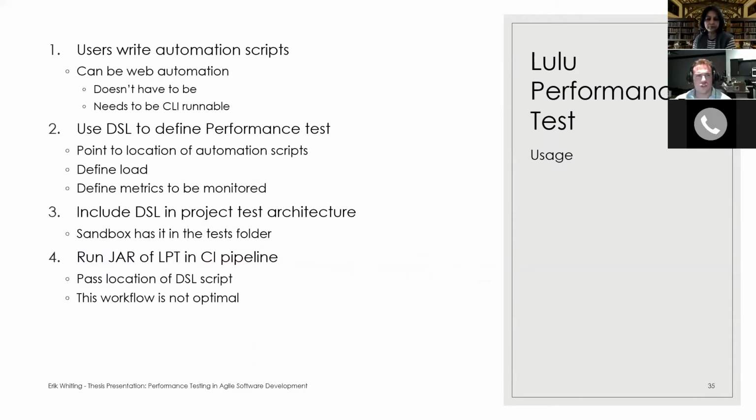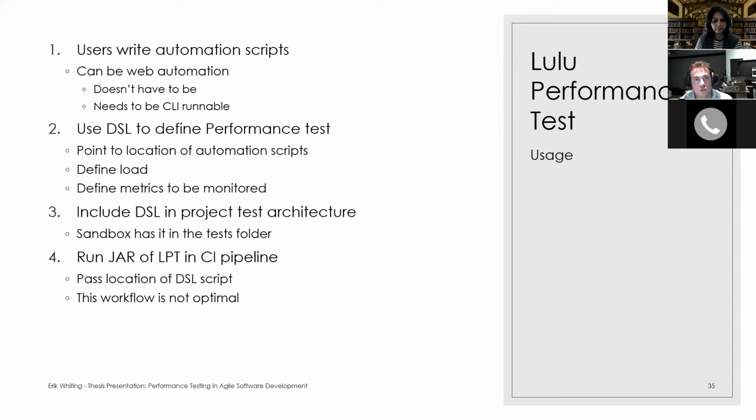So the basic usage of LPT is that inside of our application, in this case, inside of that sandbox application, there's a test harness, and this is normal. Usually when you're building a system, you have a test harness that has unit tests, integration tests, whatever testing stuff you have, and LPT is going to go into that test harness, and it's going to be part of your entire test suite.